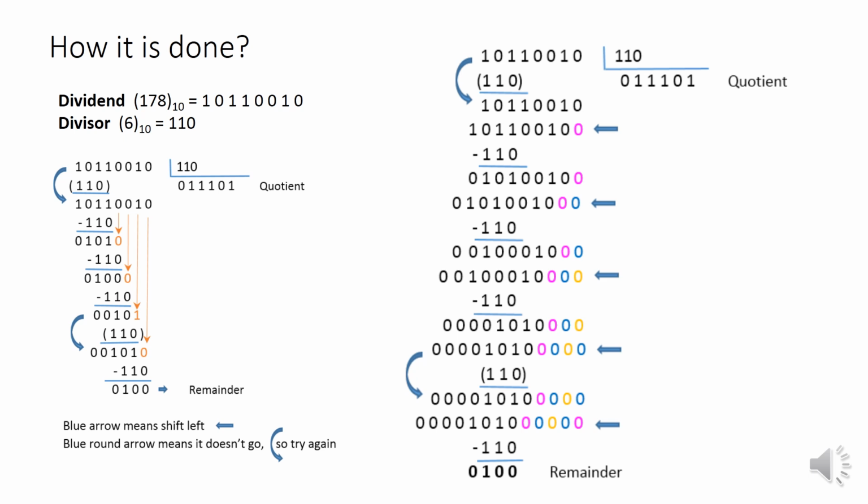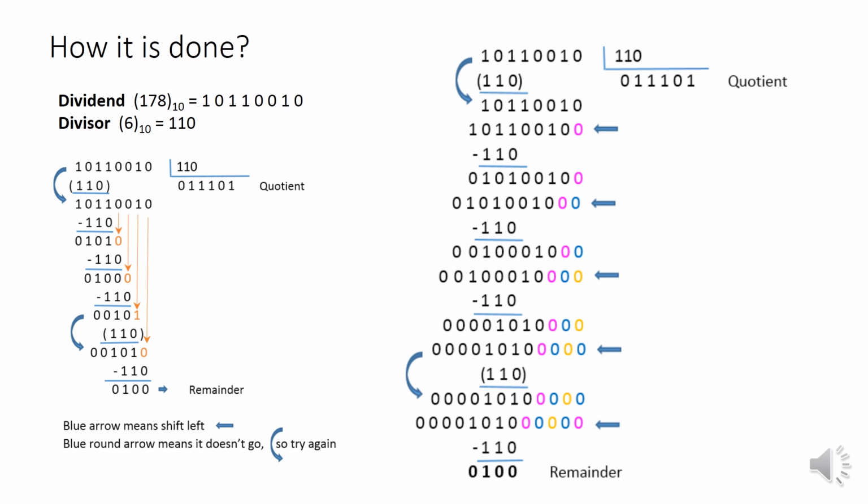First, we are comparing the first three digits of the dividend with the divisor 110 to see if it goes or not. Because the divisor is bigger than the first three digits, in this case, we need to write 0 in the quotient.